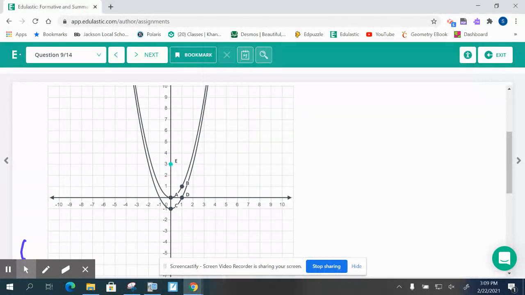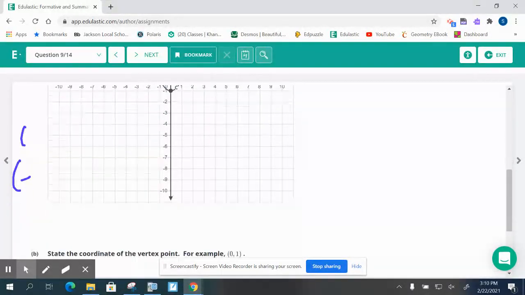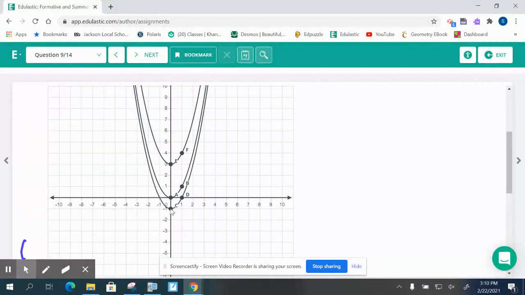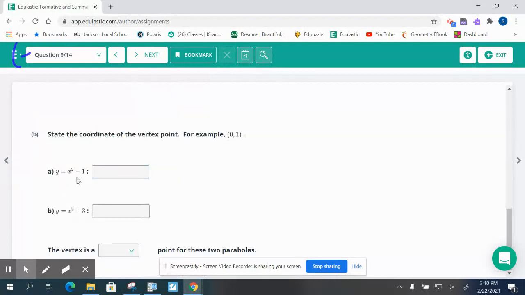So 0, 3, over 1, up to 4. Not up 4 additional points, but just the next point over is at 4. Okay. And then the vertex point would be that point and that point. So 0, -1 and 0, 3. It just depends on what this number is.